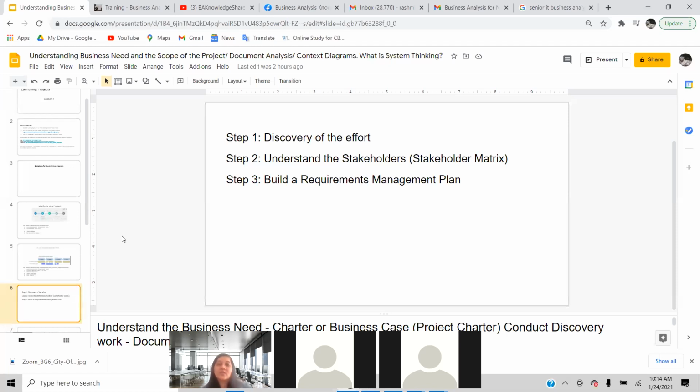And you were working with the guests, and your guests are kind of like the stakeholders. So understand the stakeholders, and we'll go through what that means. And number 3 is you build a requirements management plan. In some instances, you don't even need to show it to your project team, but it's more for you and to guide you through, well, these are the steps I need to take in order to gather the requirements.